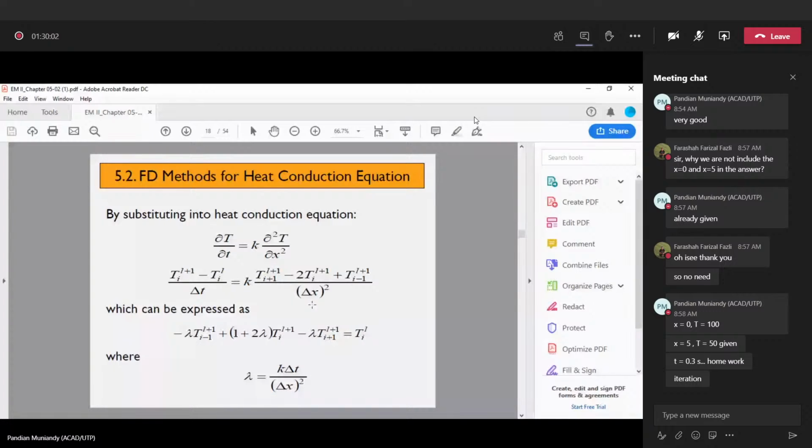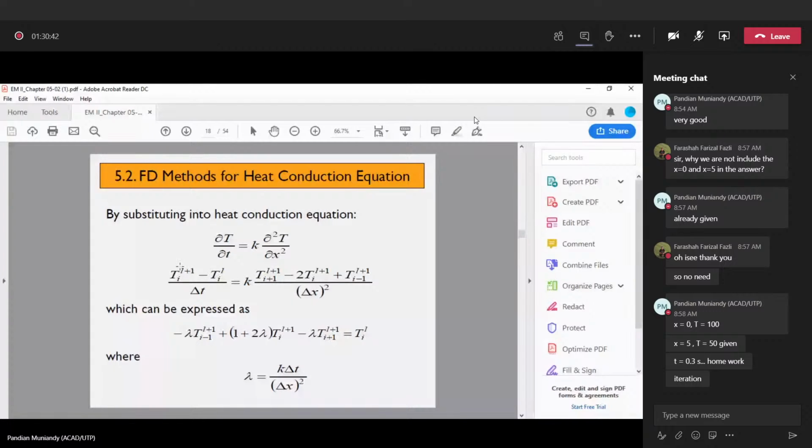So here, del T over del T is T superscript L plus 1 subscript I minus T superscript L subscript I equals K multiplied by T superscript L plus 1 subscript I plus 1 minus 2 T superscript L plus 1 subscript I plus T superscript L plus 1 subscript I minus 1, over delta X squared. So the formula looks similar, but the way we want to write it is different. We want to solve in a different way.